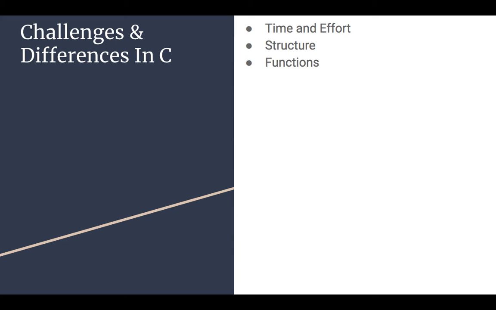It has a more difficult structure to understand, but it also makes it very fun to code. And lastly, there are a lot of different functions in C that are not in Java. Sometimes you have to search to find out what these functions mean, but it also makes you learn more when you are searching up the differences between Java and C.